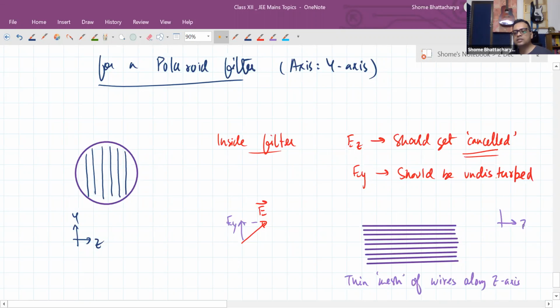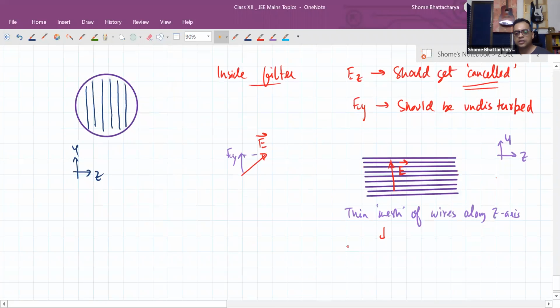So what would happen in this case? Only electric field like this can exist inside. Electric field like this cannot exist, because any electric field you create along the z-axis, there will be redistribution of charge along the z-axis, because free electrons can move along the z-axis. Okay, so inside such a region, inside this mesh, any Ez gets cancelled by induction.